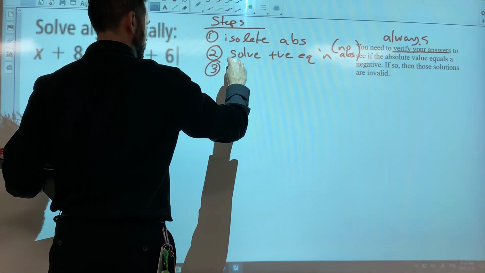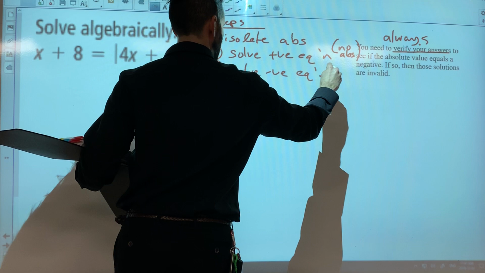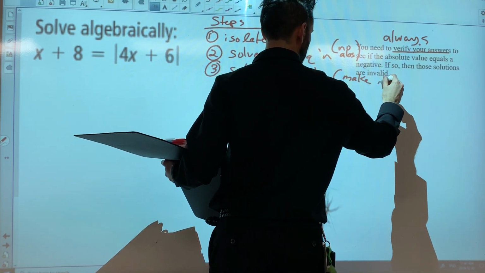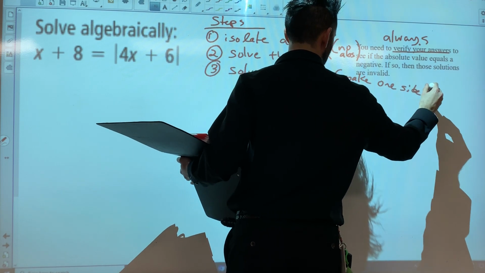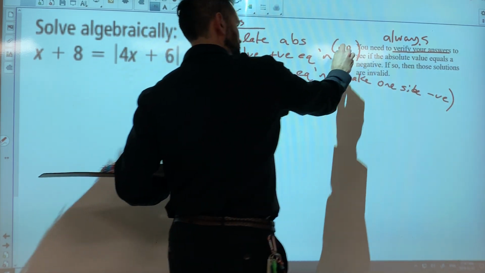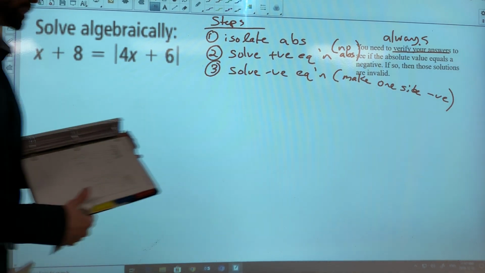And then you're going to solve the negative equation, and in brackets I'll put make one side negative. It's got to be the same side that you kept positive over there, okay? So what I mean over here, I'll just give you a moment to write that down actually.